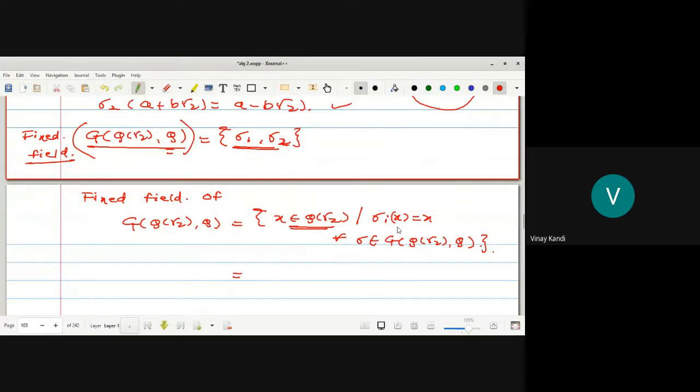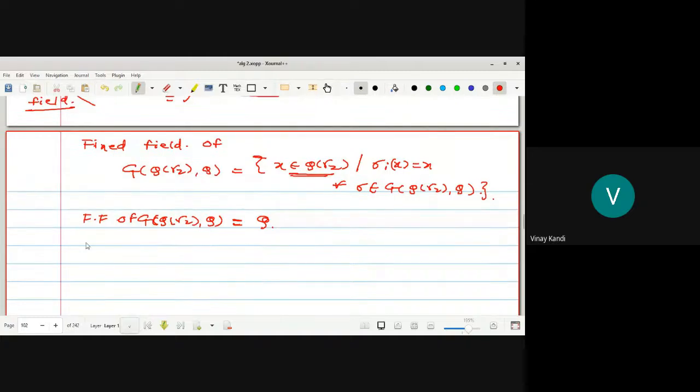So the fixed field of G Q root 2 over Q is equal to what? Q. Okay. So hence, by the definition of normal extension, Q root 2 is a normal extension of Q. Okay.